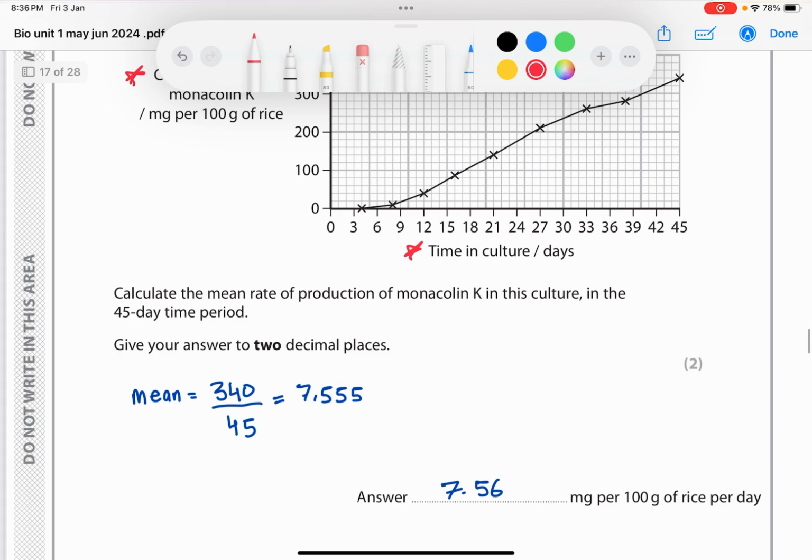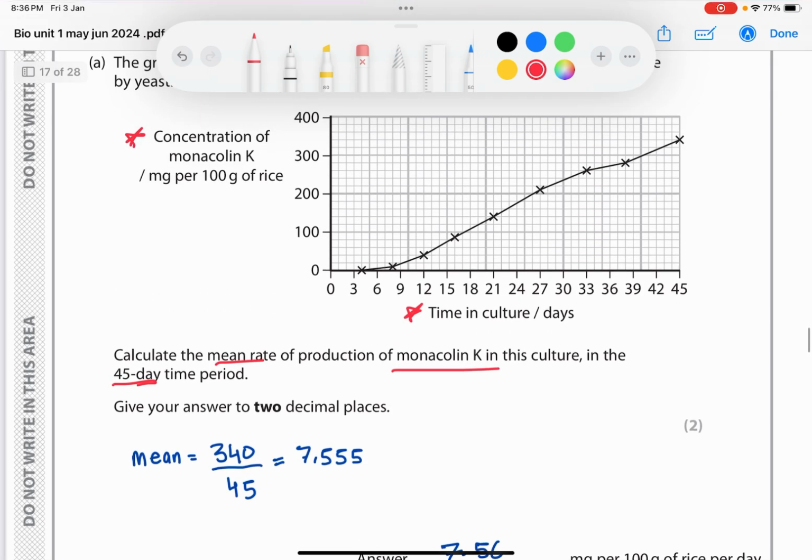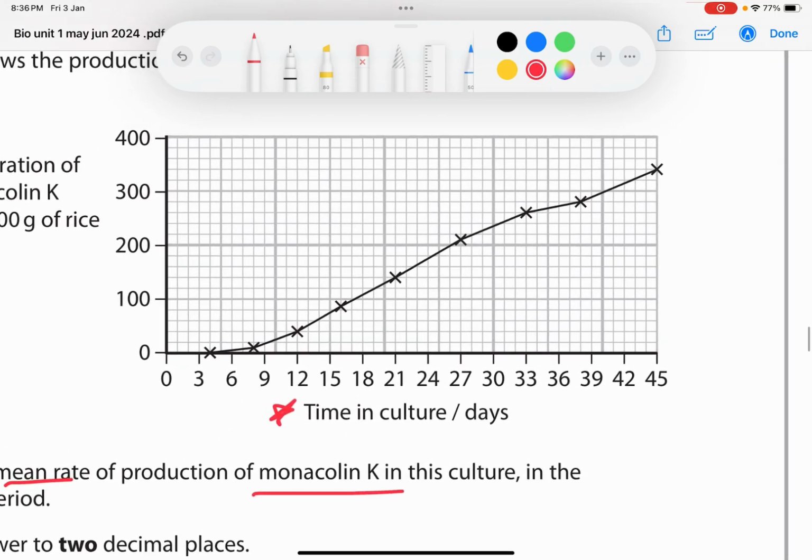Now, it asks us to calculate the mean rate of production of the substance in the culture in a 45-day period. So basically, we're going to go over here on the graph. We have 45 here. We're going to move up. This is our value.